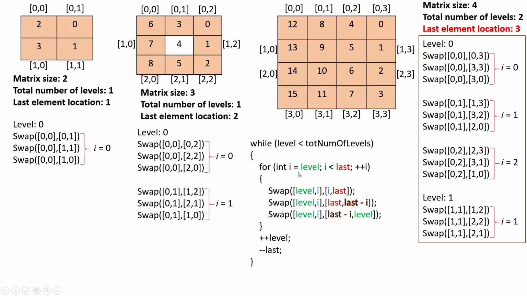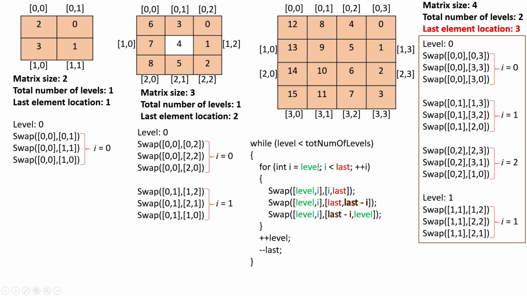We can say while the level is less than the total number of levels. So here level is 0, the total number of levels is 1, so the loop will happen once, then it'll be done. Over here, when we actually go into an inner level, the total number of levels is 2.